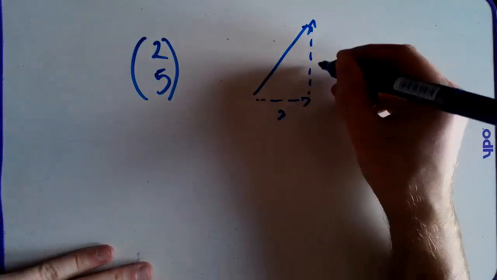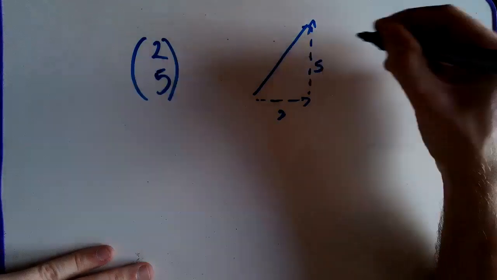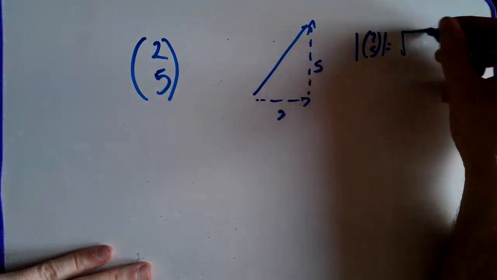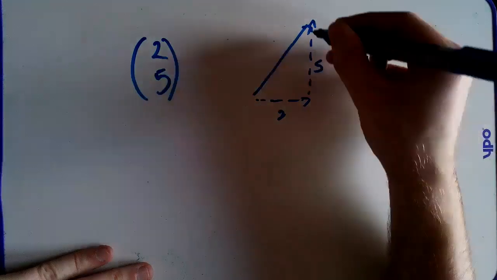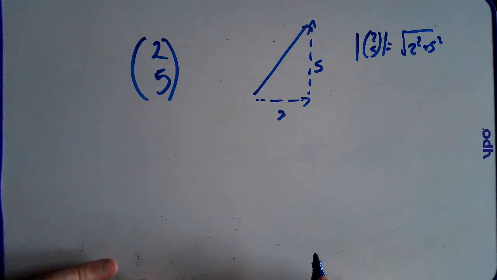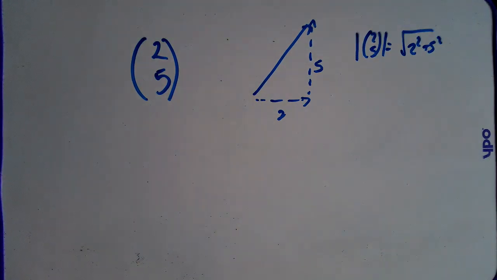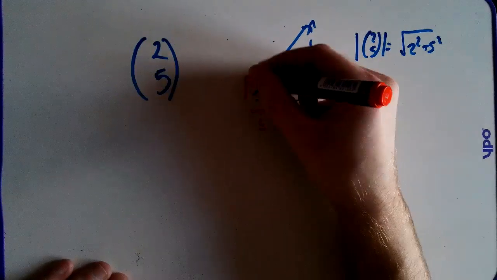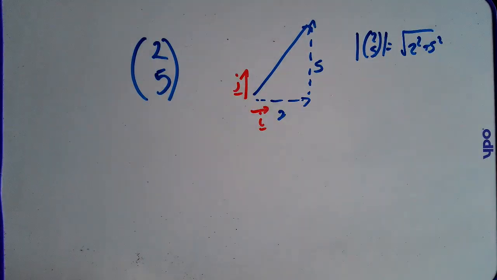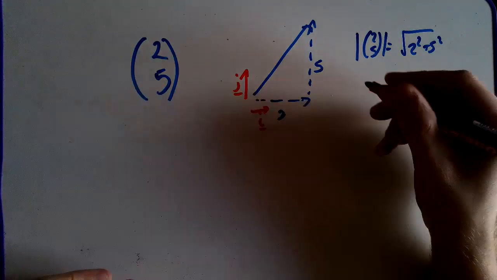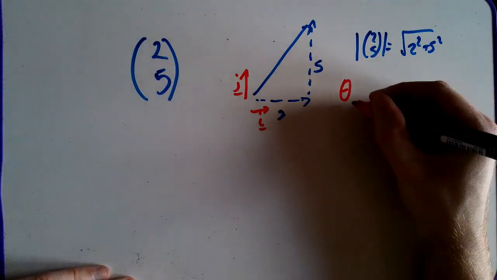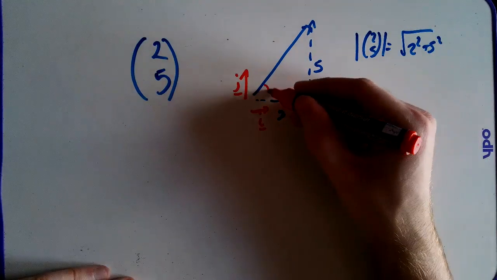Then I can get the magnitude by doing Pythagoras, just like we said, 2 squared plus 5 squared. And if I want the angles that I can make with the vectors i and j, I could use SOHCAHTOA, or I also told you this formula. Let's just do the i angle, so that would be this thing here.